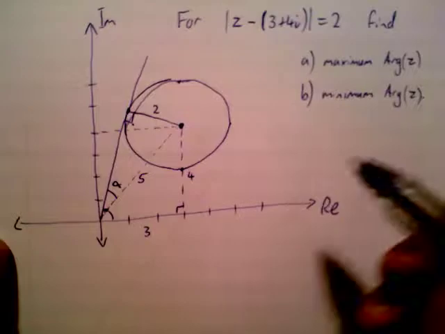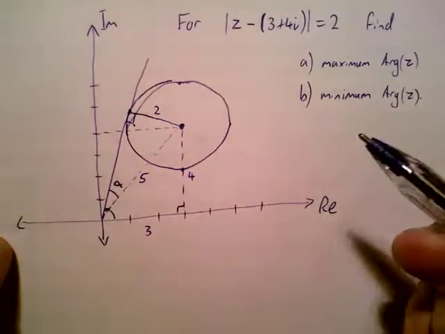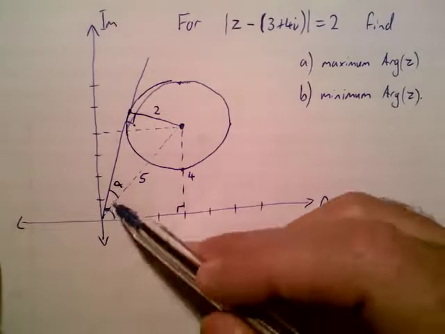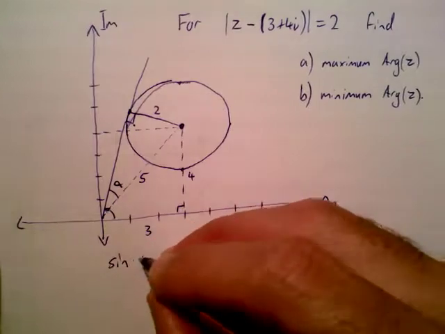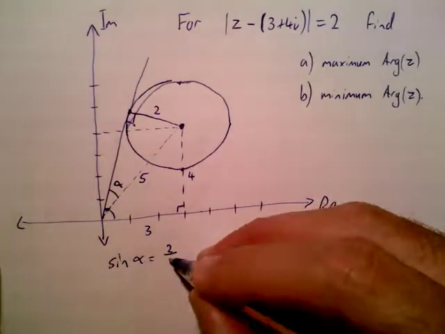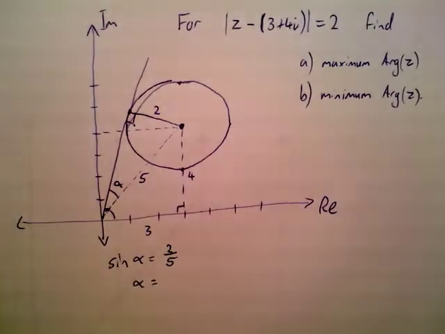And that gives us enough information to find alpha here, just using a trig ratio, so that'll be our sine ratio, opposite over hypotenuse. We know that sine alpha is equal to opposite over hypotenuse, 2 over 5, and we can solve for alpha there.